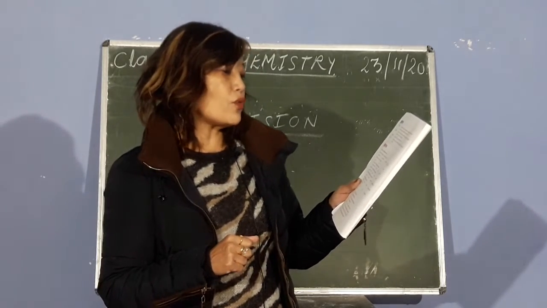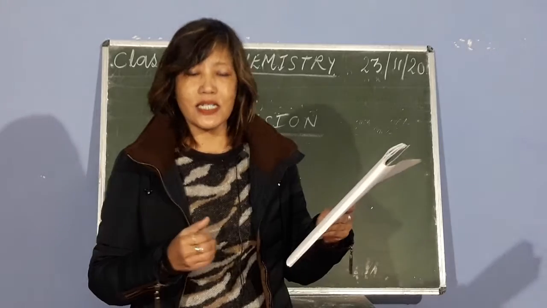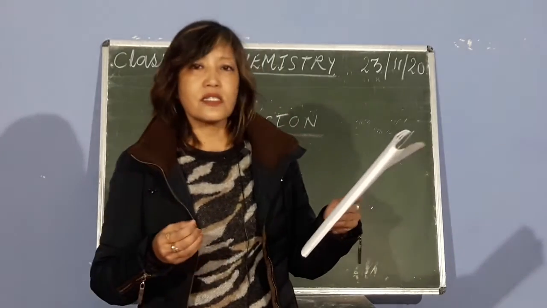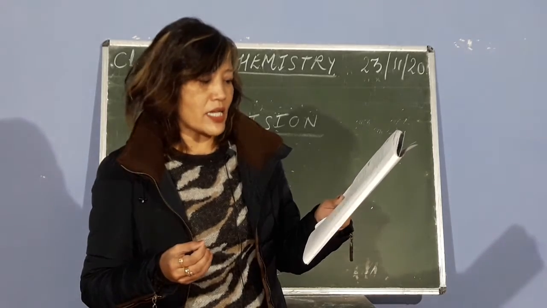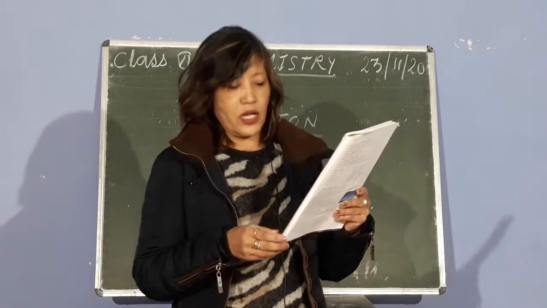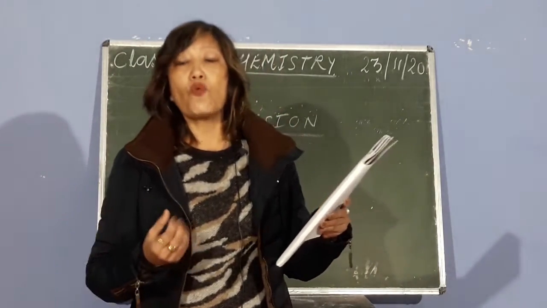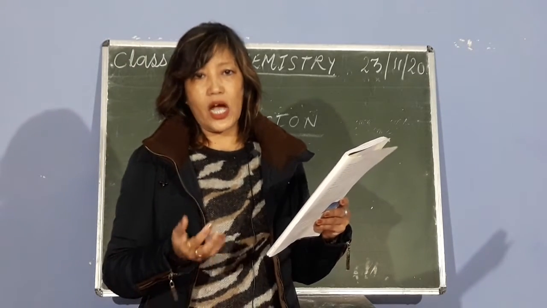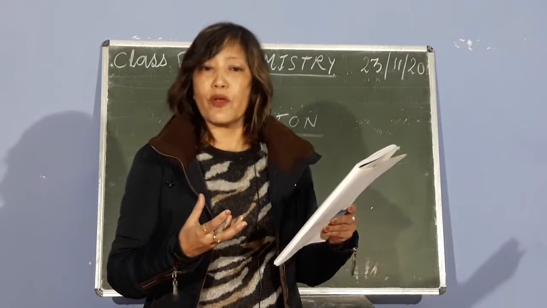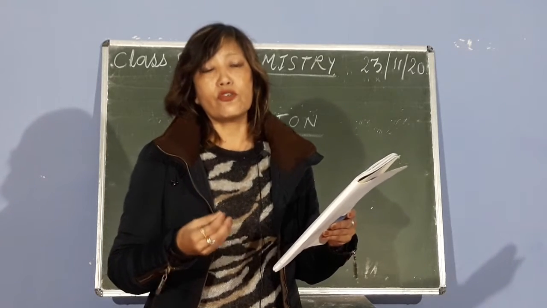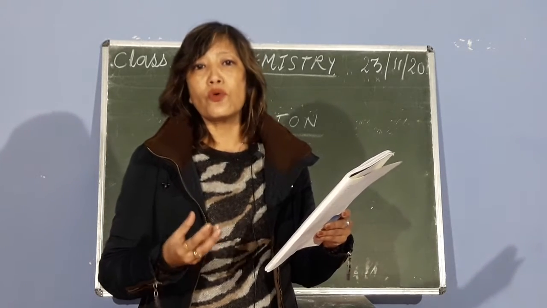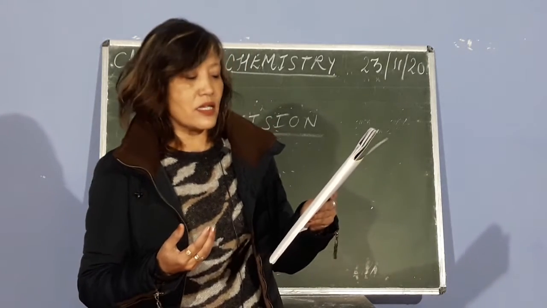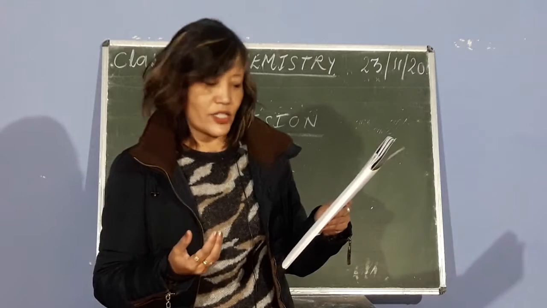Then which of the following determines climatic conditions? The options are oxygen, nitrogen, carbon dioxide, and water vapor. Answer is water vapor. Water vapor determines climatic conditions. How? Because excess of water vapor in the air produces fog, snow, rain, etc. So water vapor determines the climatic conditions.